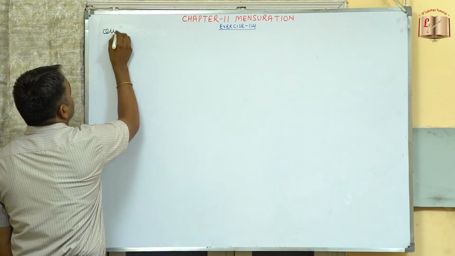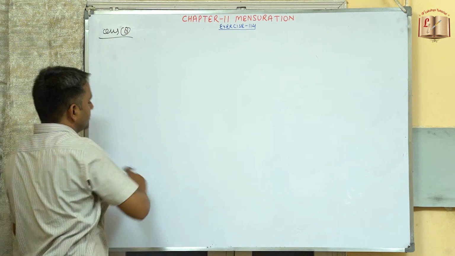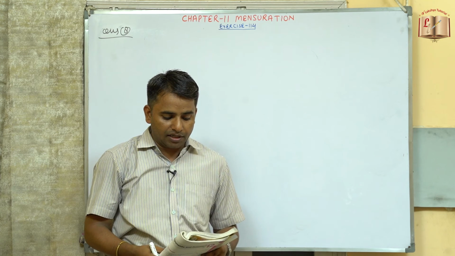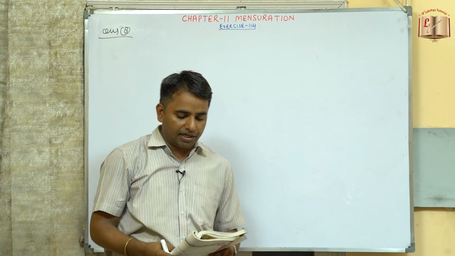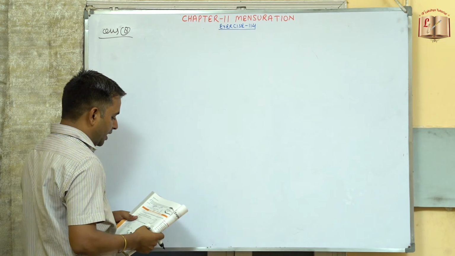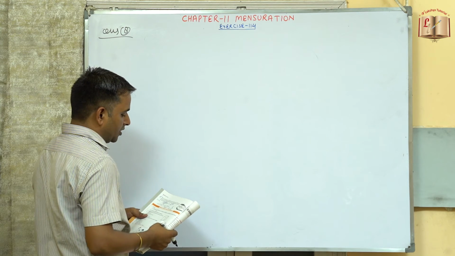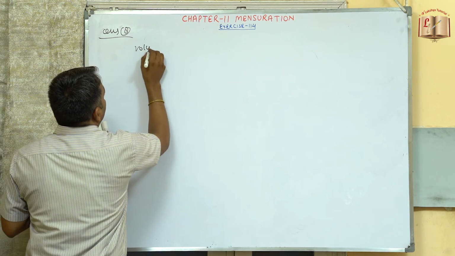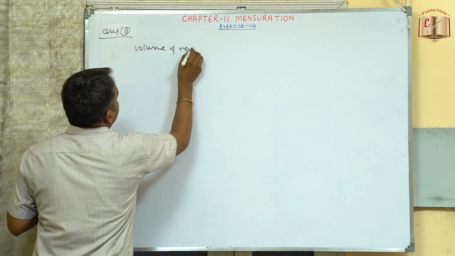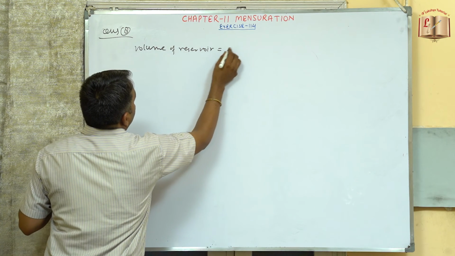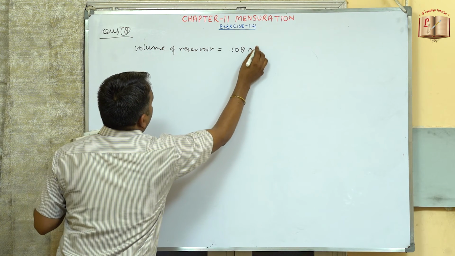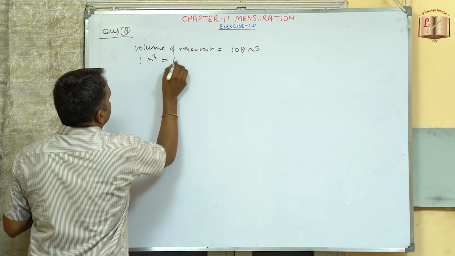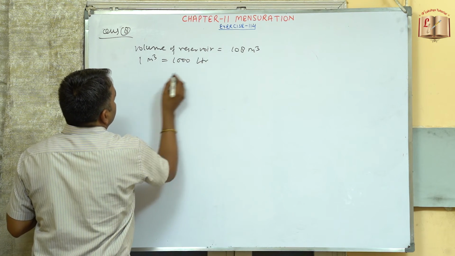So now coming to question number 8. Water is pouring into a cuboidal reservoir at the rate of 60 liters per minute. If the volume of the reservoir is 108 meter cube, so we know 1 meter cube equals 1000 liters.